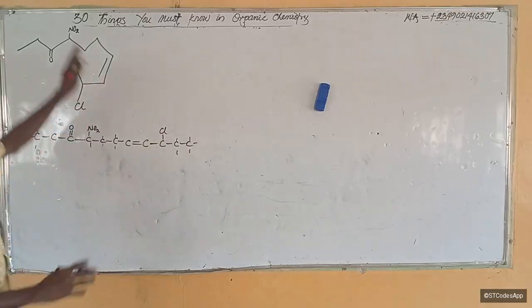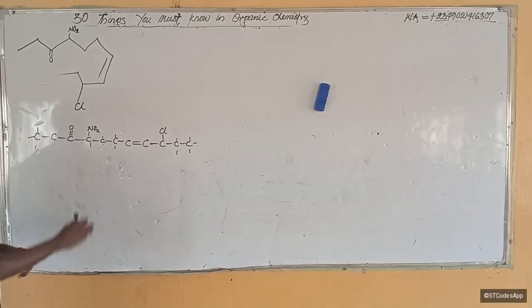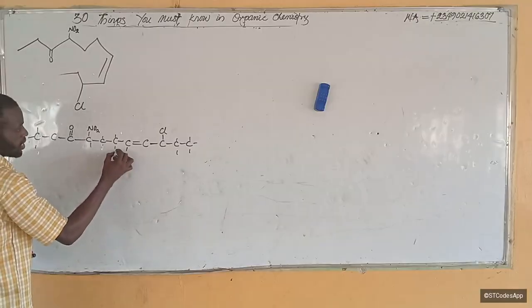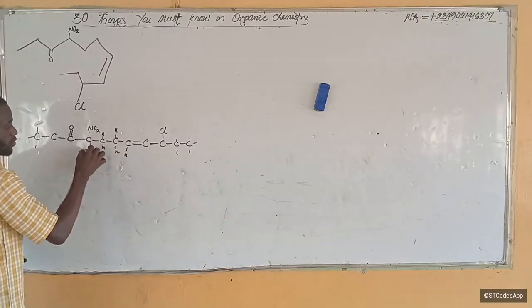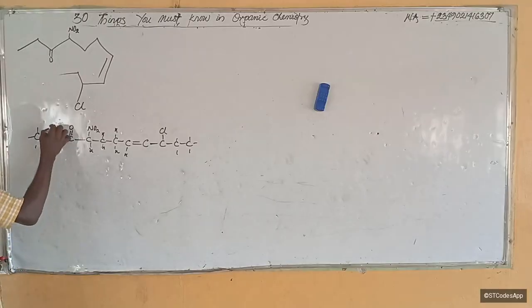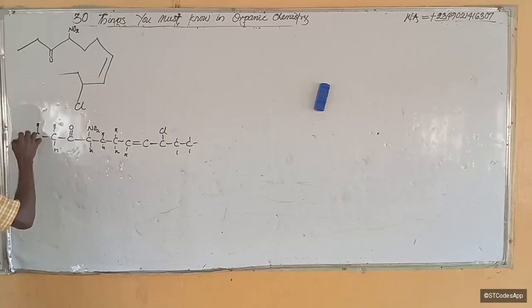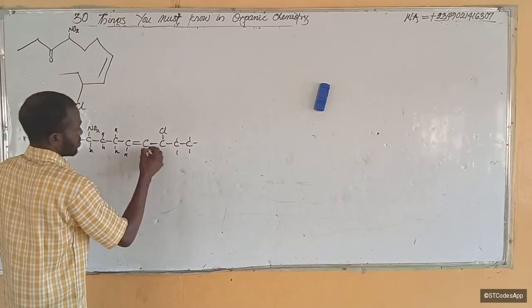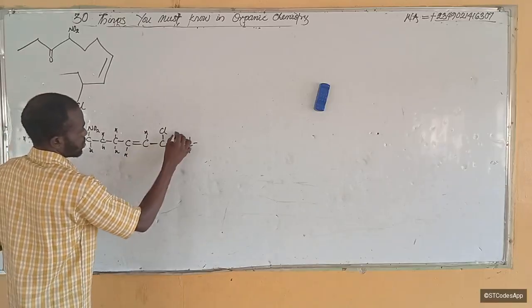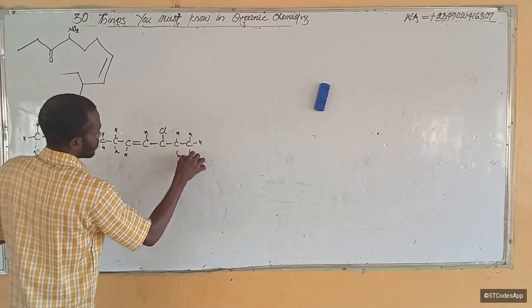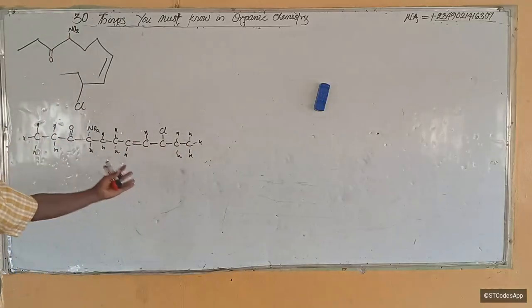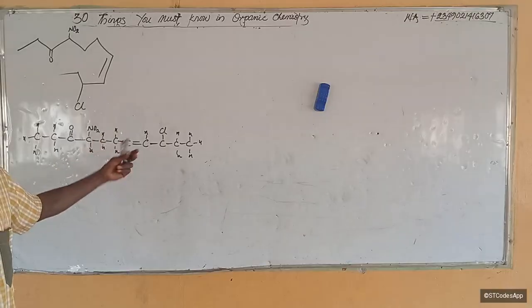So this is the full structure. Then I now have to put in my hydrogens. If I don't put the hydrogens, they are implied. So this structure you are seeing here is primarily what it is.